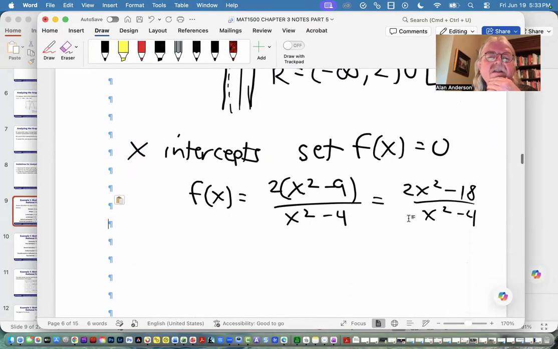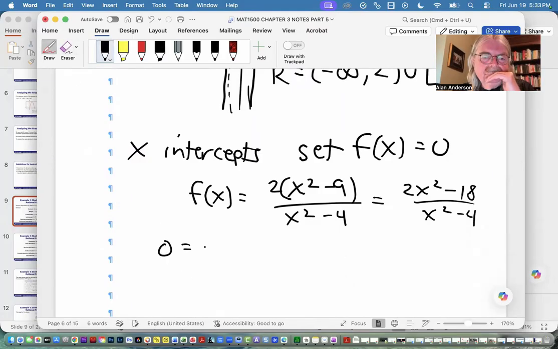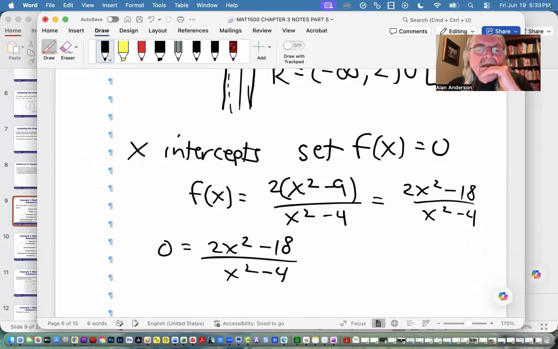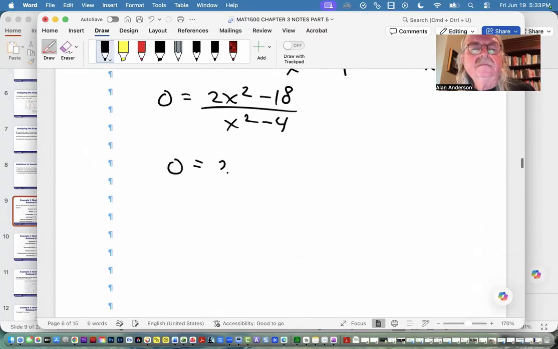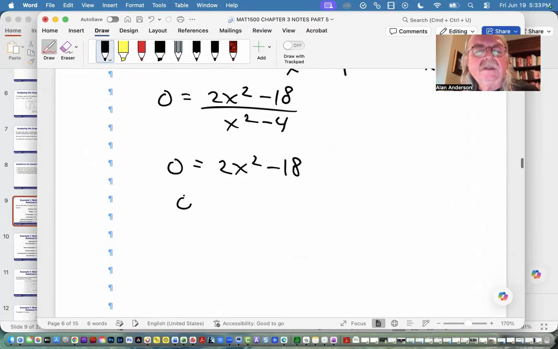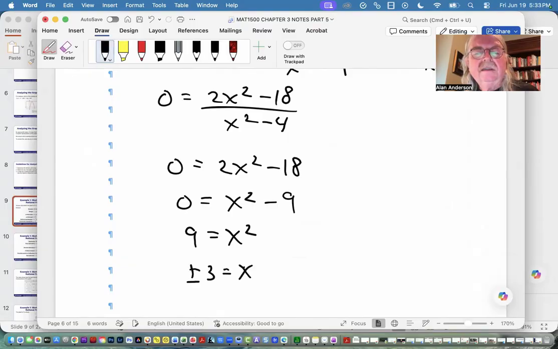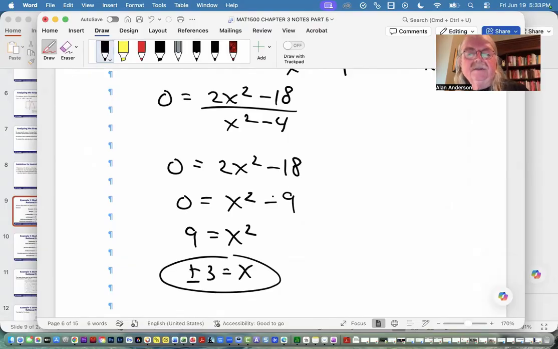Okay, so the whole idea here is that we're looking at the points where this function equals 0. So I'll cross multiply both sides by that denominator, divide out the 2. Whoops. Add 9 to both sides, and I end up with, so those are my x-intercepts.